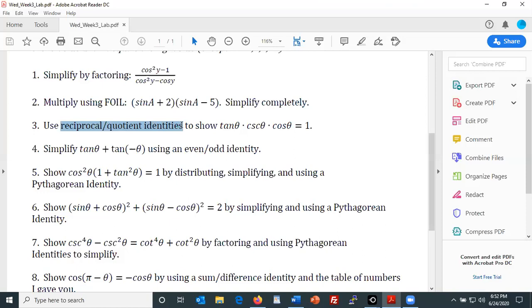So make sure for number 3, you use at least one reciprocal and/or quotient identity to show that when you multiply these terms, it's going to be 1. Remember, 1 will be the answer. You have to simplify these by making those substitutions to get 1. And then number 4 is very similar to our last 2 examples. Use an even or odd identity to simplify tangent of theta plus tangent of negative theta.